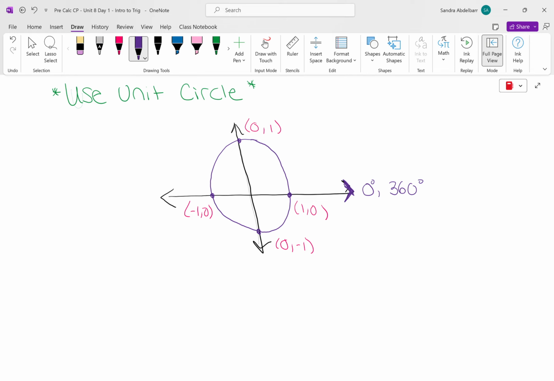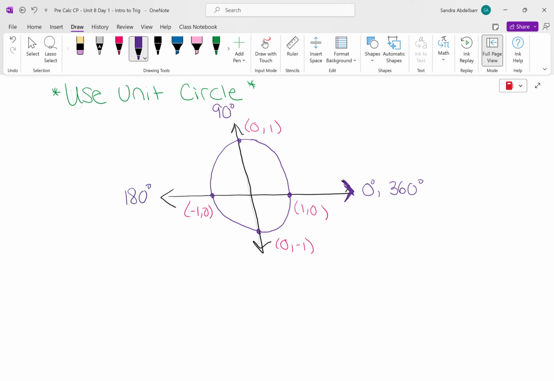Any guesses? I heard it. 90. Doesn't that make a perfect right angle? All right, what about from 0 to the negative x-axis? 180, that's a straight angle, so that's 180.